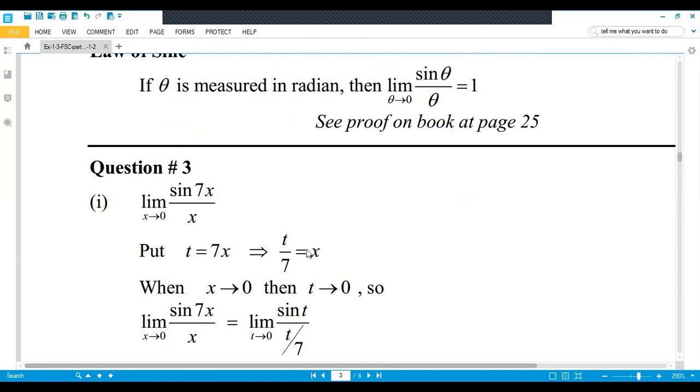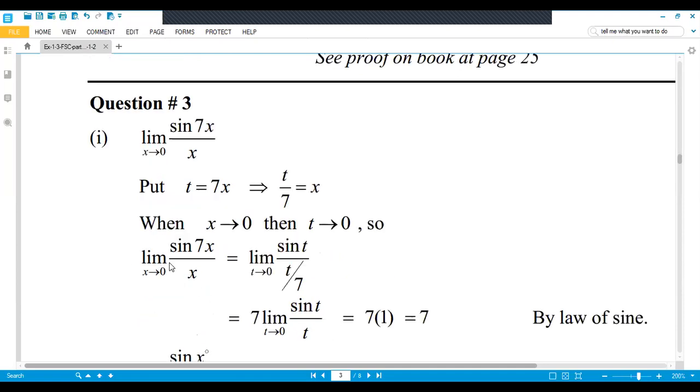So 7 multiplied with x when shifted to this side, t over 7 is equal to x. The same supposition we do for the limit. We have given that x approaches 0, then t approaches 0. Look, if we put x equal to 0 in this, we also get t equal to 0.